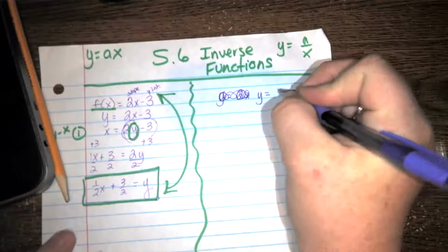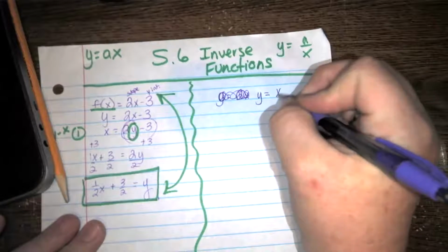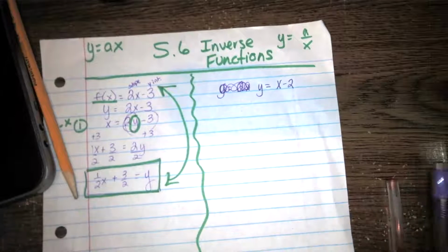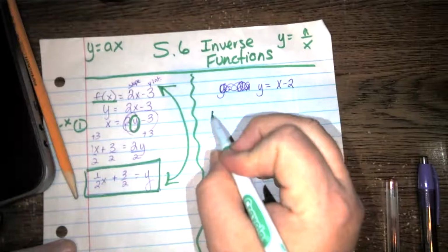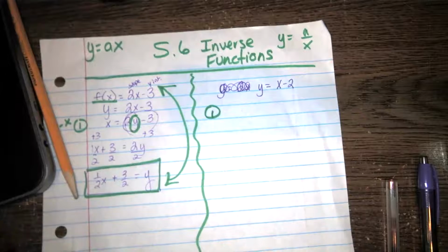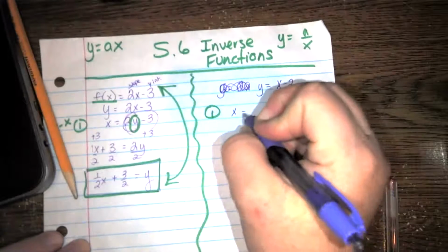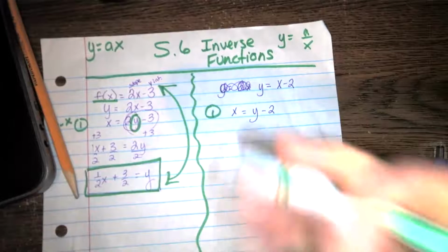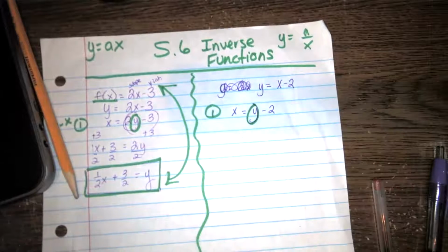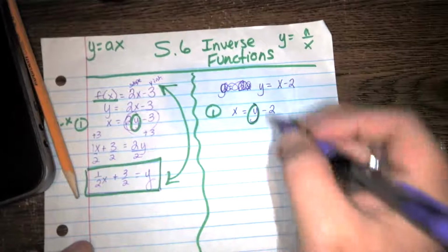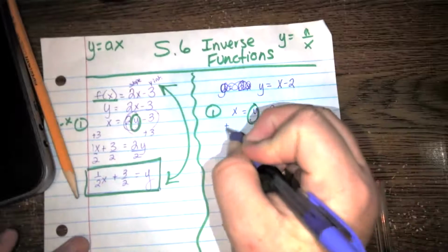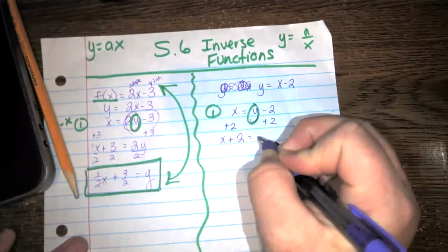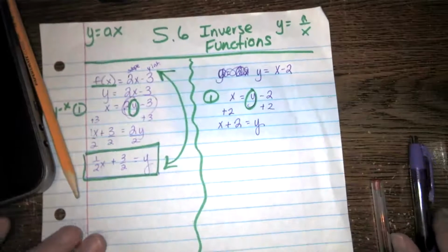Let's just do a simple y equals x minus 2. Find the inverse. So step number 1, flip x and y. Put the x where the y was, put the y where the x is, and we're going to solve for y. So we're going to add 2 to each side. Wow, that was easy.